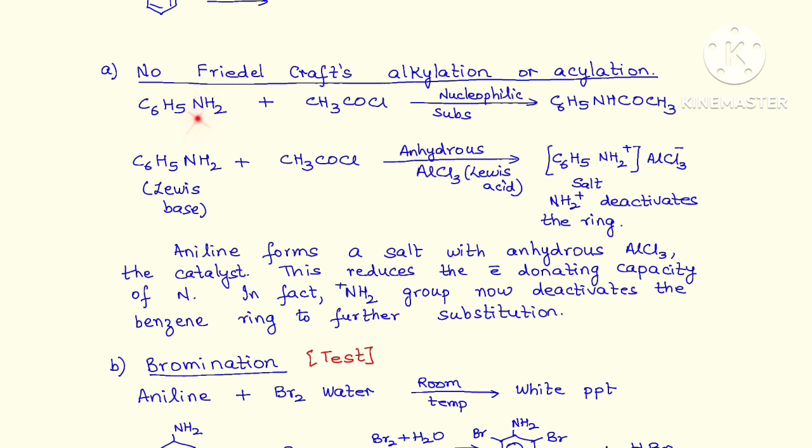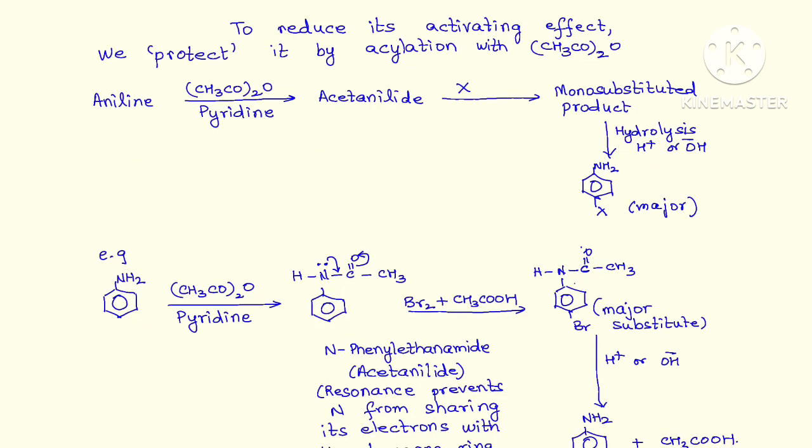The nitrogen, because of its electron rich center, can behave as a nucleophile and engage with the C double bond O group, the carbonyl. So NH2, instead of engaging with the benzene ring, gets busy with the carbonyl group, and we are able to reduce the activating effect of the NH2 group.